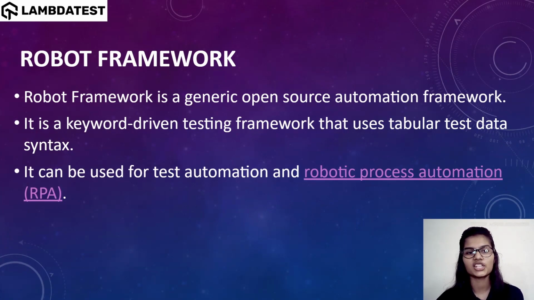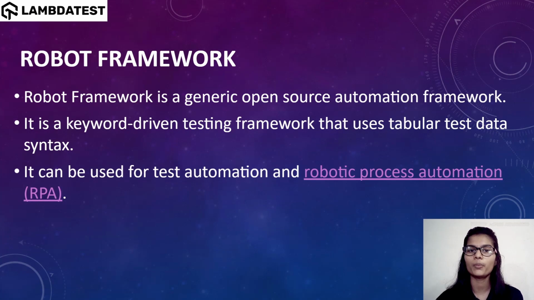It is one of the generic open source automation frameworks. Automation means to automate any stuff. Let's say you have ever heard about the automation of social media like Facebook, Instagram or LinkedIn. It is one of the automation frameworks that we use.